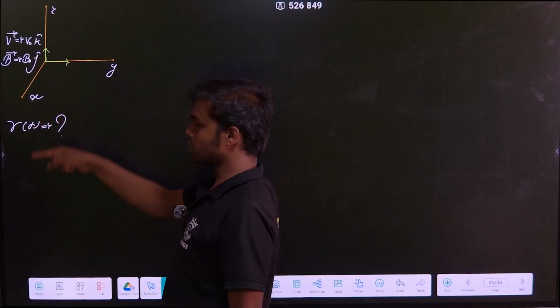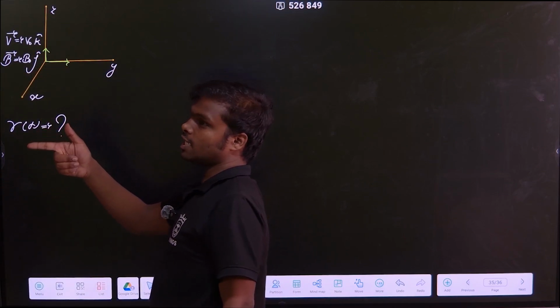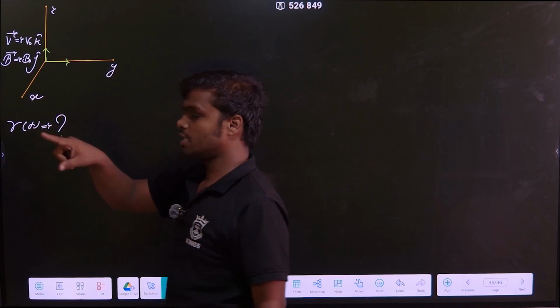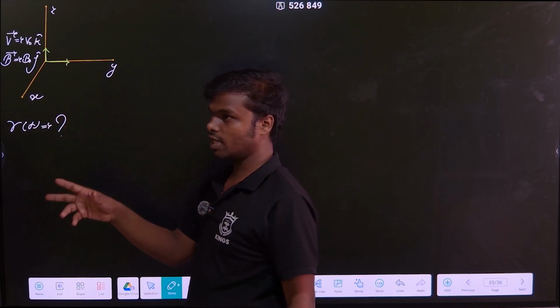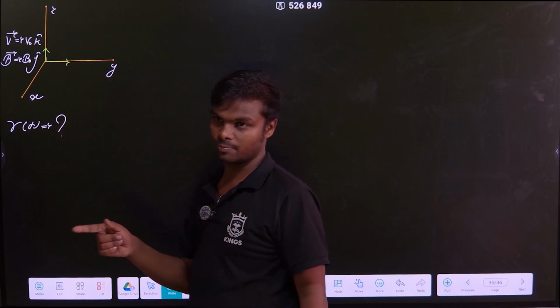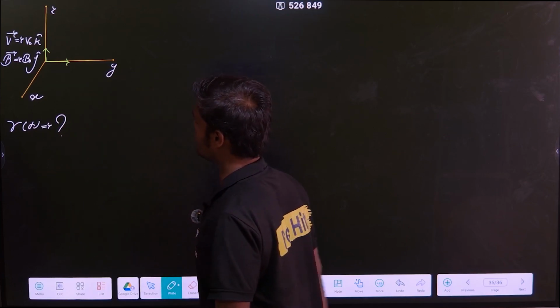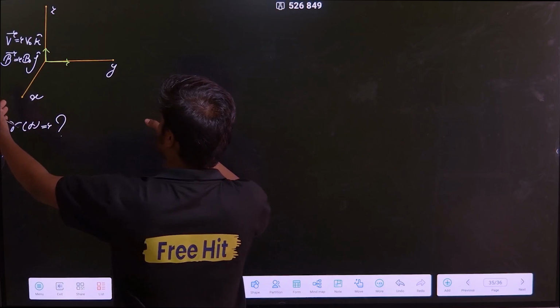Again, the rotation is like this, but now the plane has changed. Now the plane is the xz plane. If it is in the xz plane, I can just rotate it.